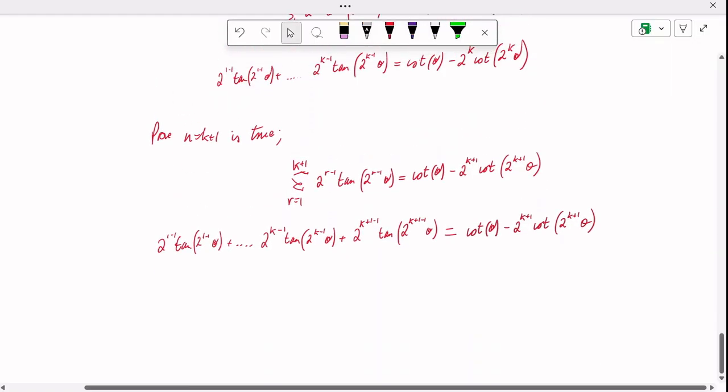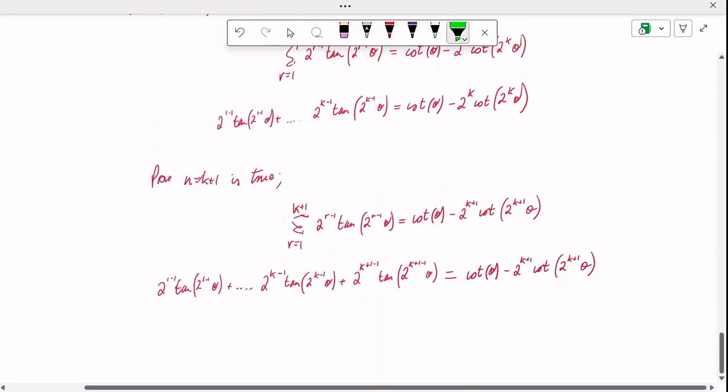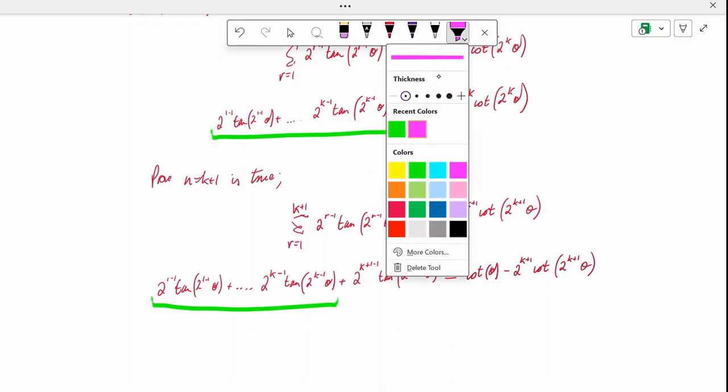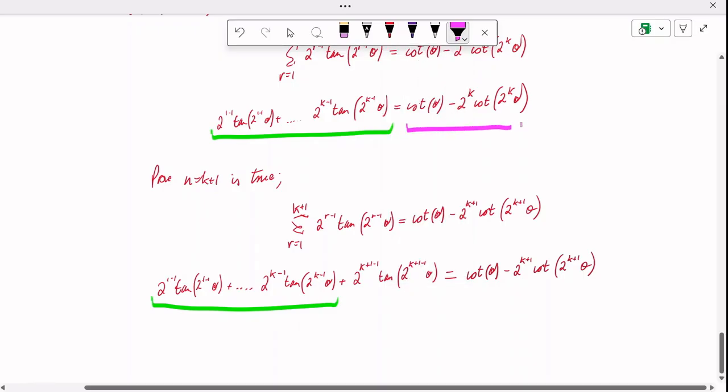Cool. So now I can see that I'm able to substitute all of this out for this. So I'm going to sub that in.